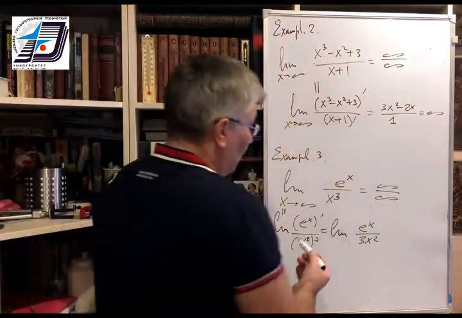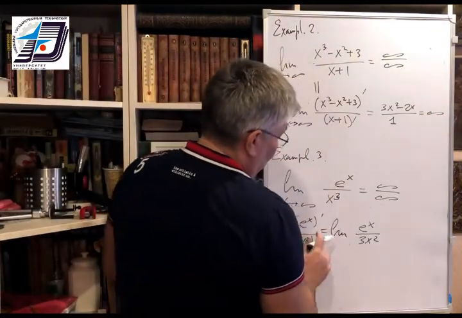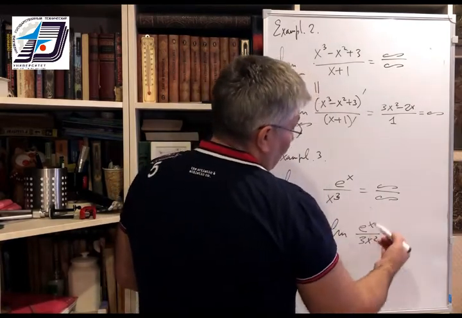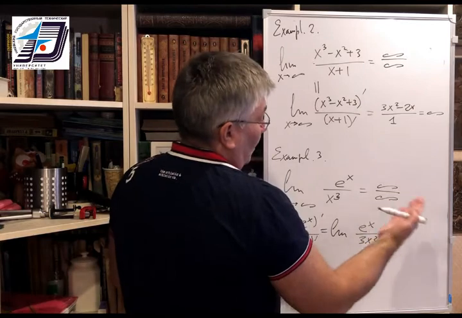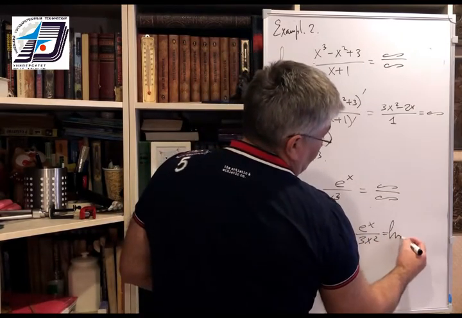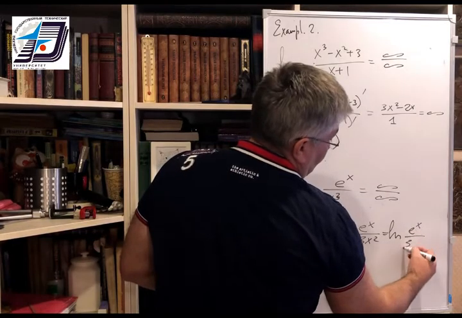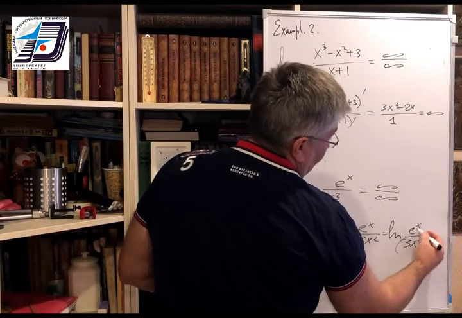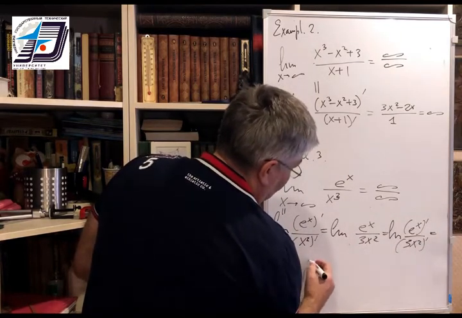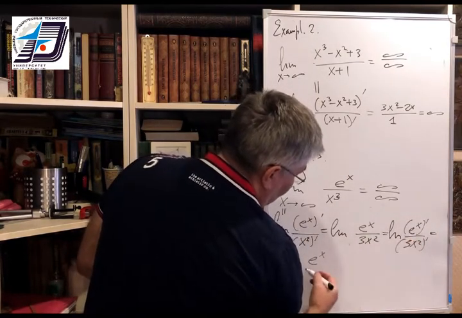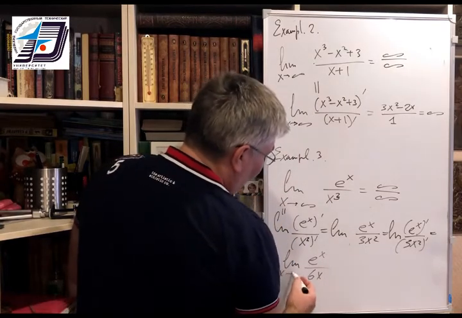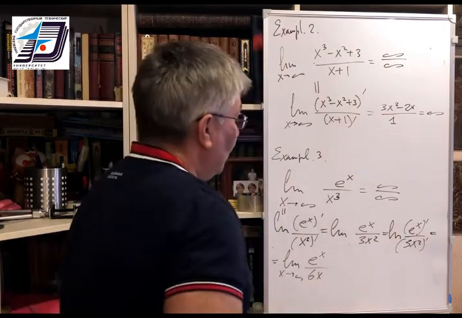And I can use the L'Hopital rule once more. It is limit exponent over 3x squared, derivatives. It gives exponent over 6x. And I still have infinity here.